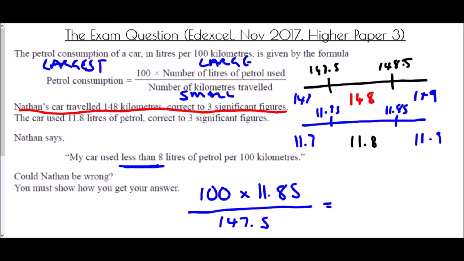And if we do that and just type it into a calculator, we would get 100 times 11.85 divided by 147.5, and that comes to 8.033898305.